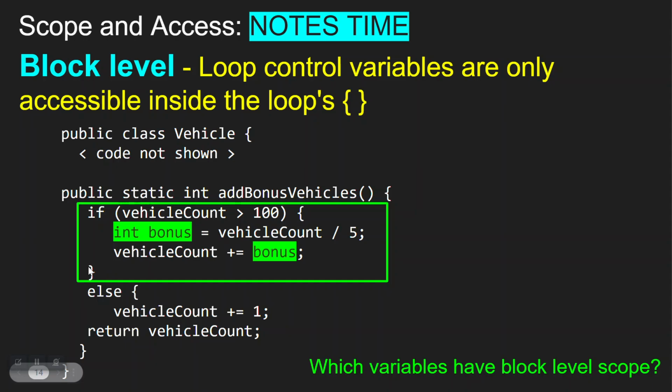It's not a loop control, but it's an if statement, a selection statement, and again, it's between two curly braces. So anytime you declare a new variable inside two curly braces, whether it's a loop control variable or a selection statement, again, those have block level scope.